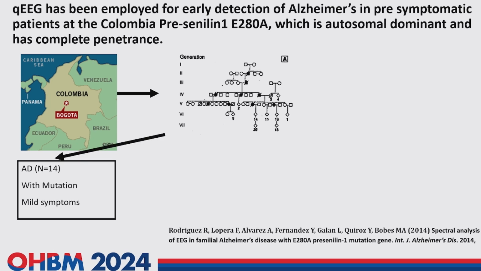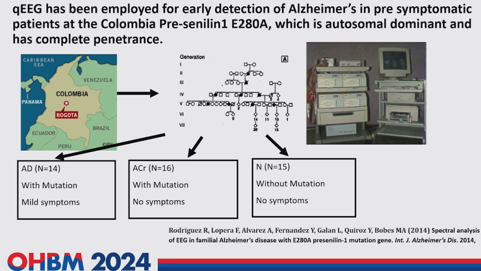On the right, you can see a very old version of the Medicid 128, a device produced in Cuba since the 70s, which was transported to Colombia. The experimental design was to select 3 groups: the mutation with mild symptoms, people with mutation and no symptoms, and the people without mutation, of course, no symptoms.